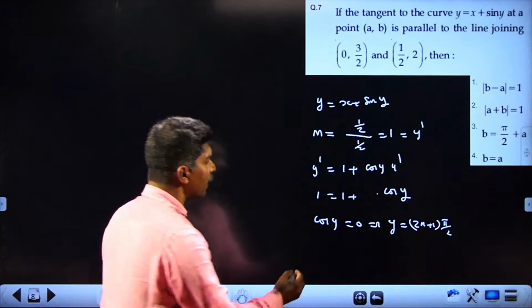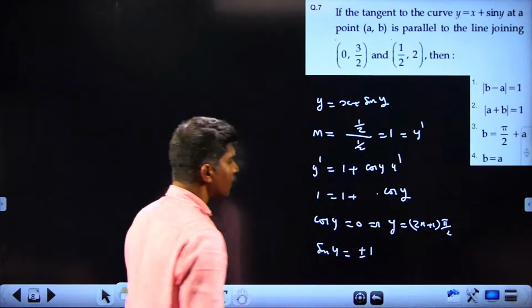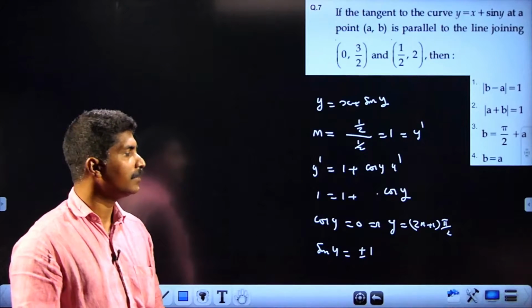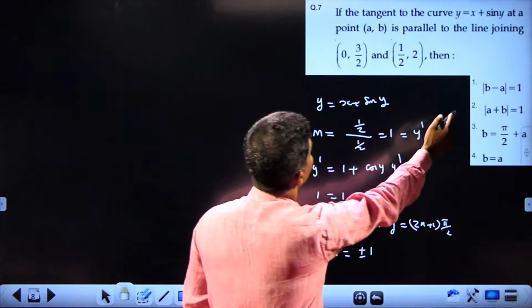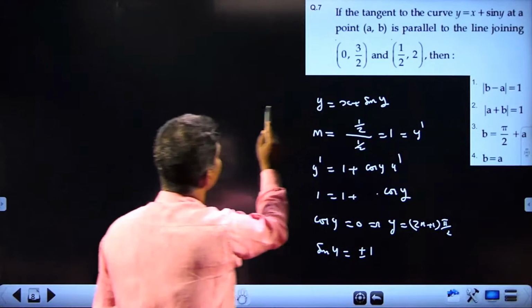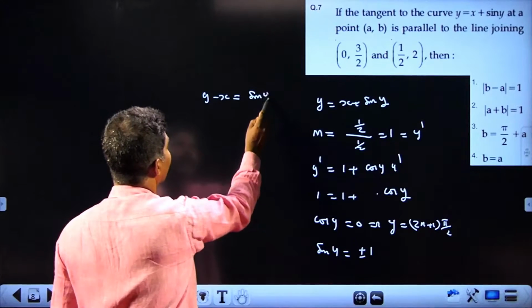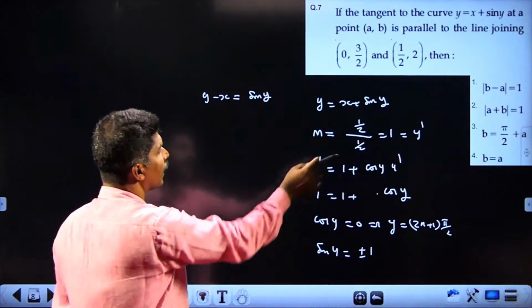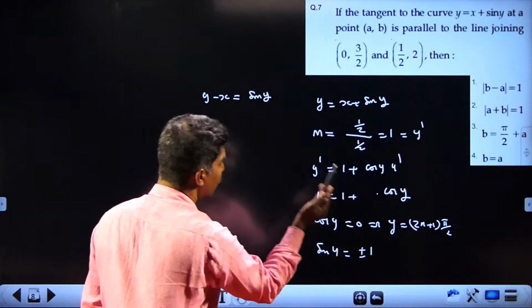In that case, what can you say about sin y? Sin y is equal to plus or minus 1. Either it can be 1 or it can be minus 1. So we have to calculate a and b. Here we can say that y minus x is equal to sin y. At the point where the tangent is parallel to the line joining these 2 points, sin y is equal to plus or minus 1.